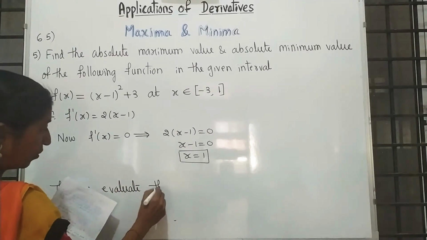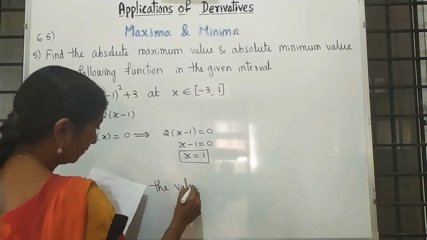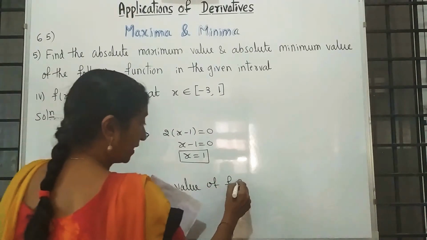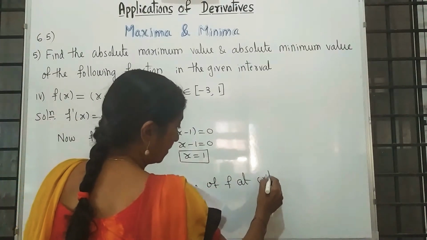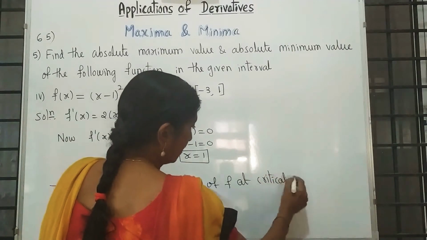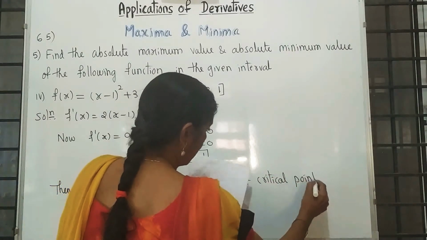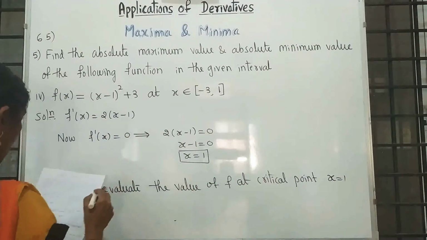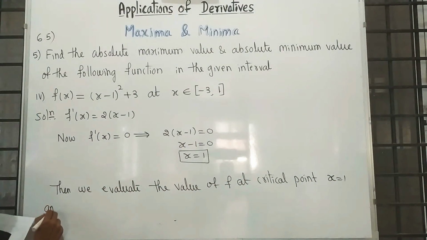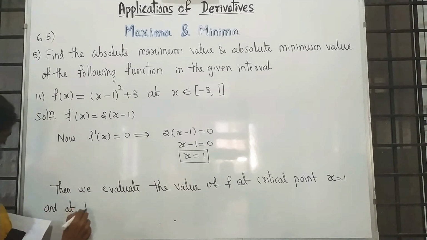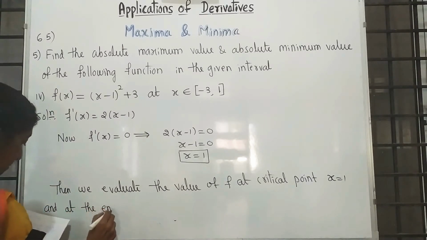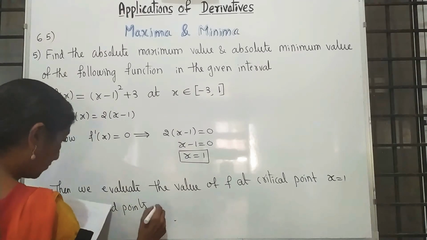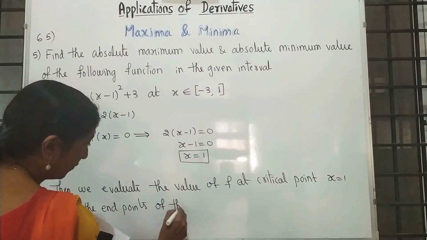the value of f at critical point x is equal to 1 and at the end points of the interval.